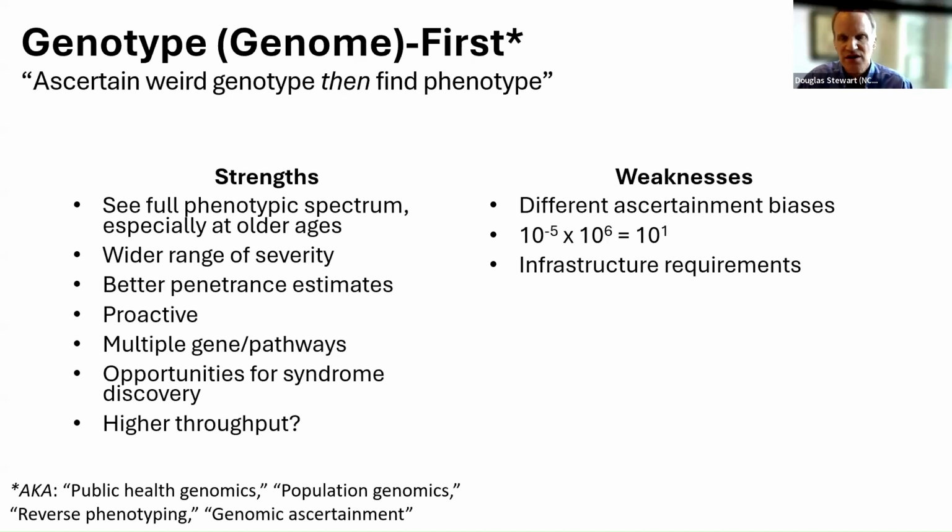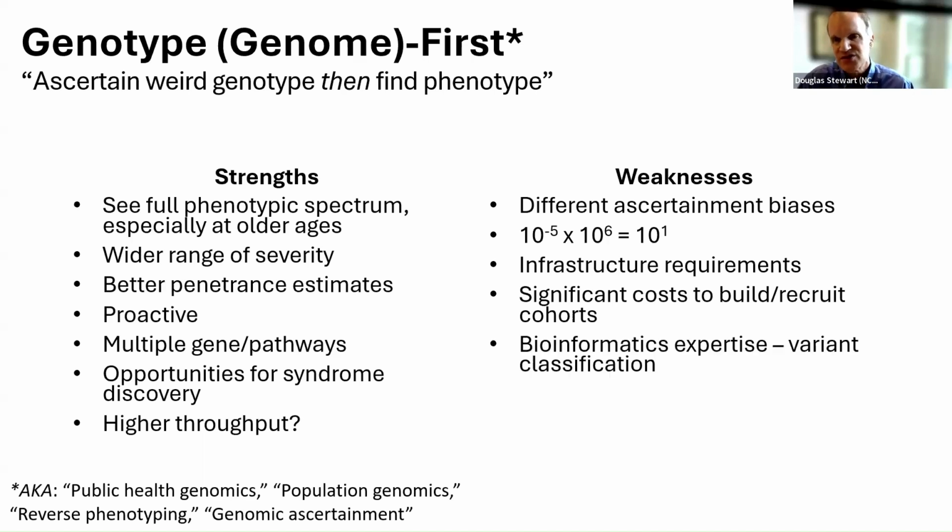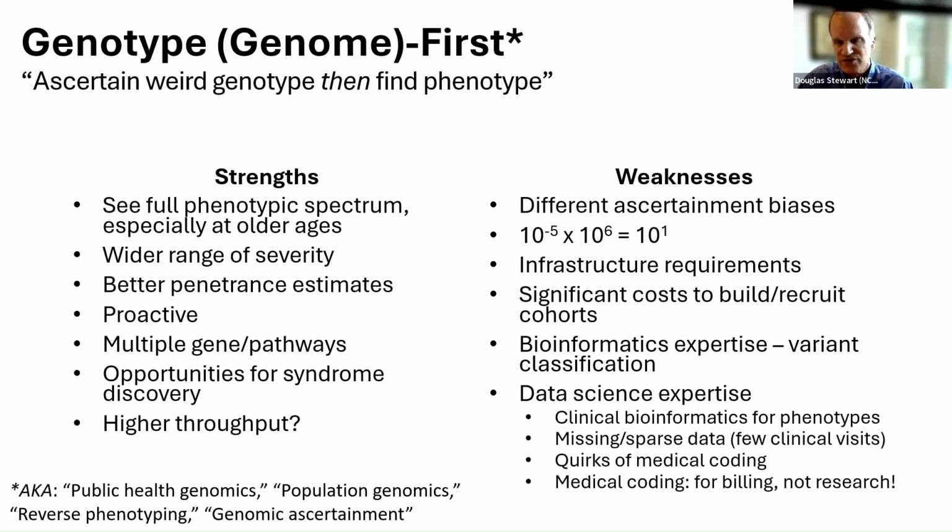It obviously requires significant infrastructure to harbor databases with a huge amount of exome and genome data. It can take a while to sequence these large cohorts. You need some bioinformatics expertise, especially variant classification if you're doing this across multiple genes. And one of the things I've learned is you need some data science expertise: how to parse the EHR for the phenotypes you're interested in, and how to handle missing or sparse data.